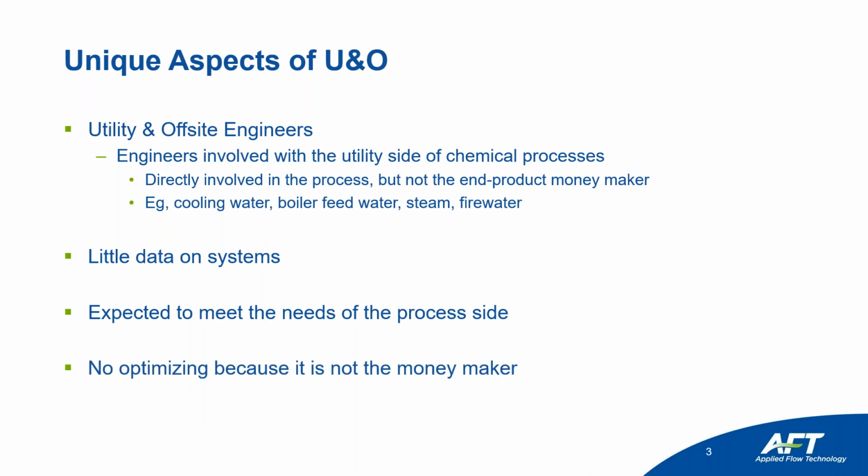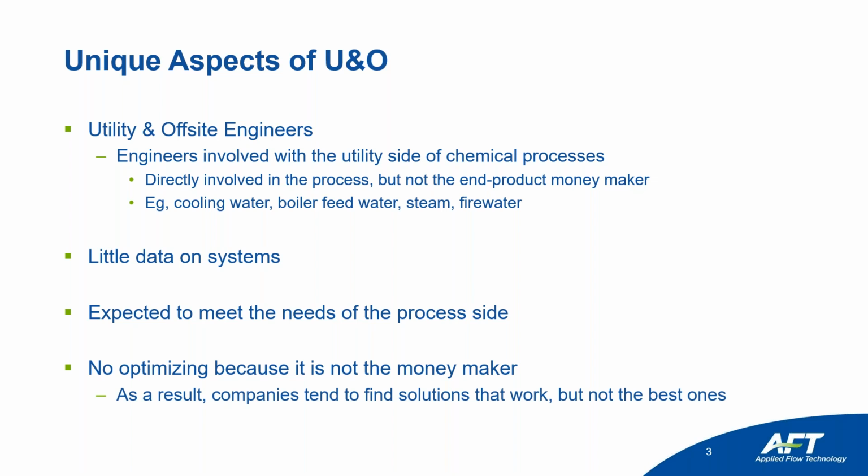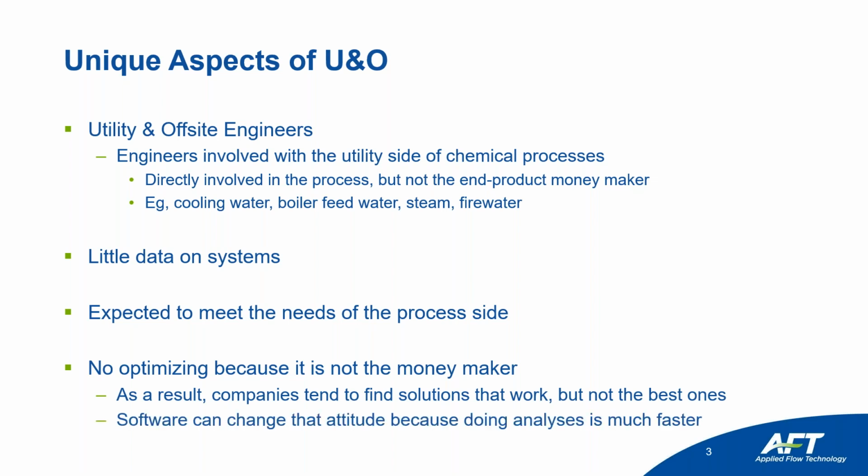So as I mentioned, that leads companies to not optimize these systems because it's not worth the time. It's not the money maker. So companies find solutions that work, but not necessarily the best ones. Well, that's where software comes into play, because you don't need to optimize the system, but you can still use software to find a better solution than what you might otherwise have found.